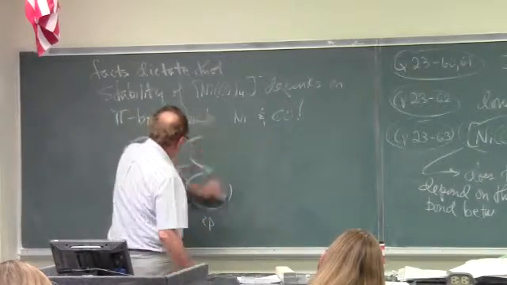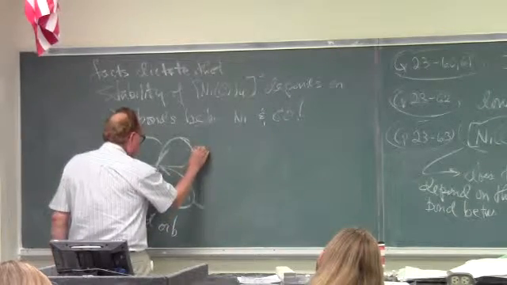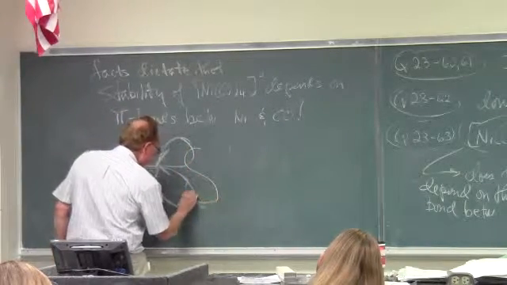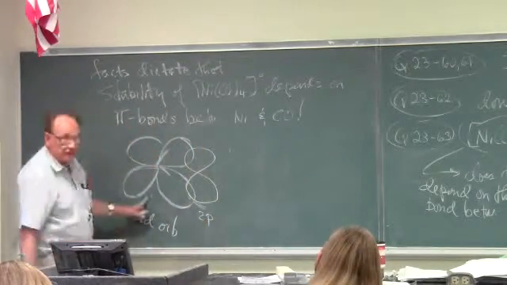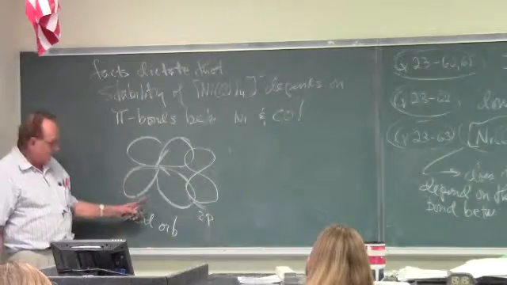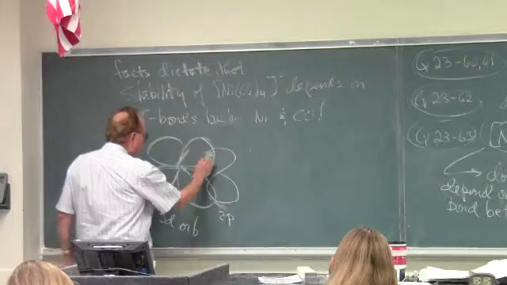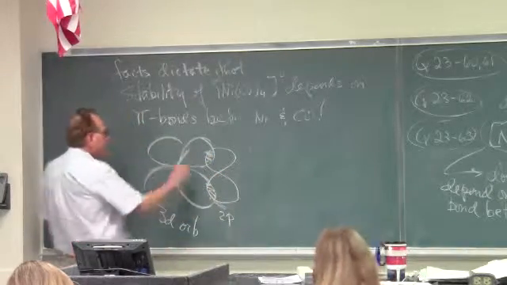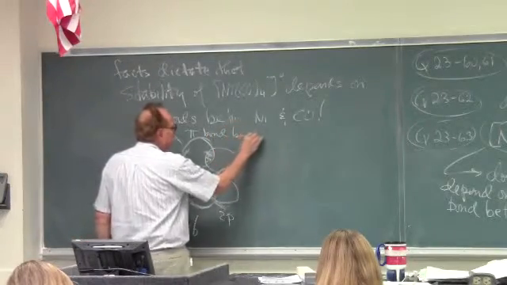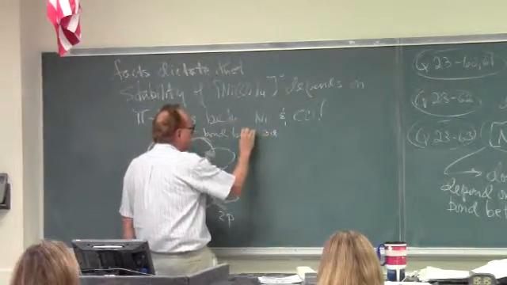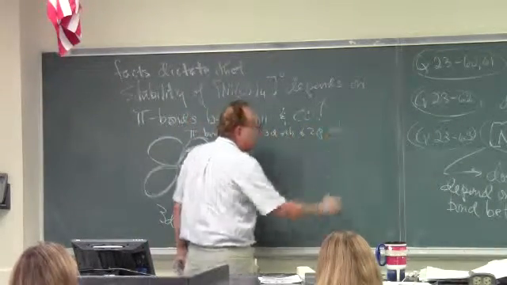Now, admittedly, 2p orbital is going to be smaller than a 3d orbital, so I'll redraw the picture like this. There's a picture, an orbital overlap picture of a 3D orbital overlap with a 2p orbital to make a pi bond. There's our two regions of orbital overlap. Pi bond between 3D orbital and 2p orbital.